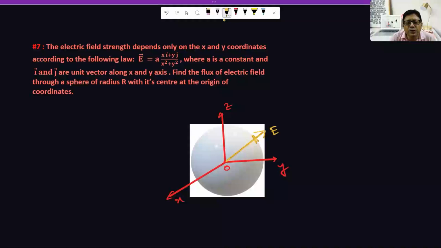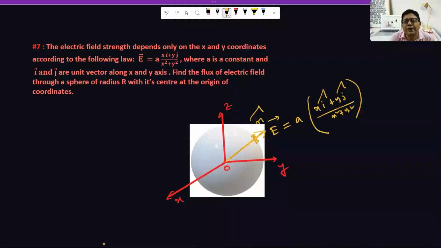So take an elemental portion here. The electric field is given in this form only, that is E vector equals a constant A multiplied by (x i plus y j) divided by its modulus. You can say that this is the unit vector, because the modulus of this thing is going to be 1. So the electric field is actually A into n cap, and this is the direction of the unit normal also.